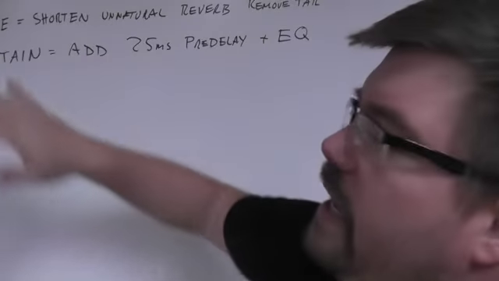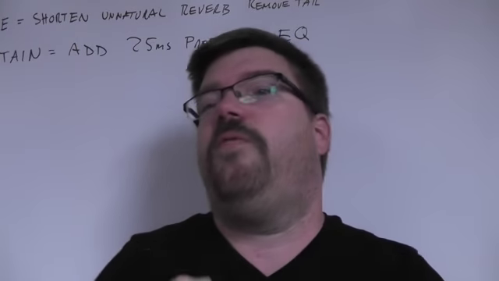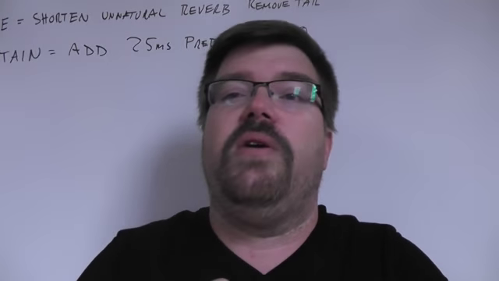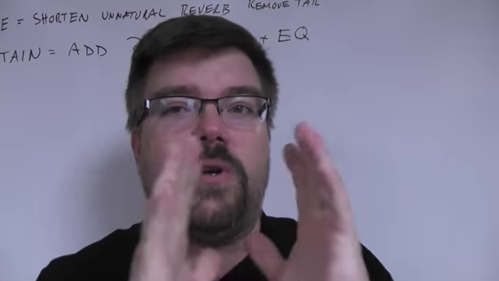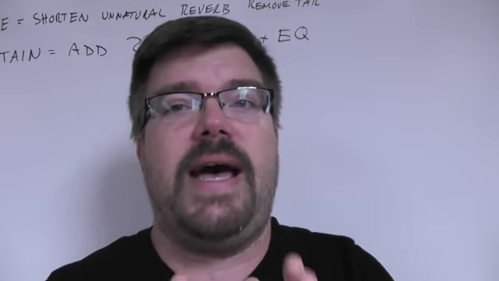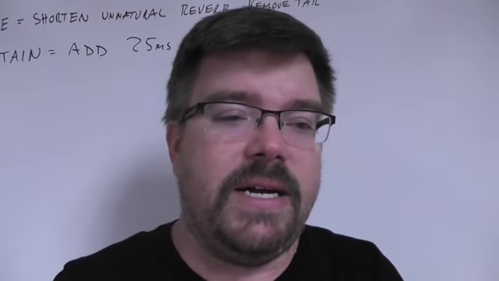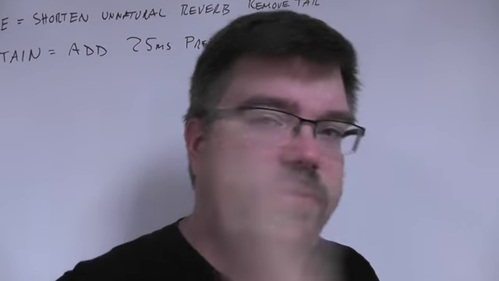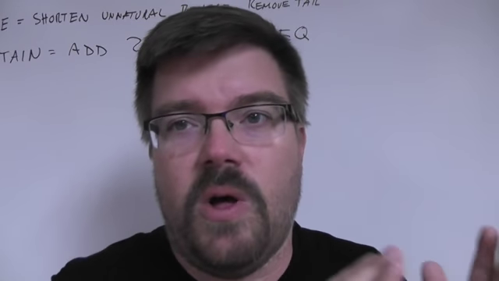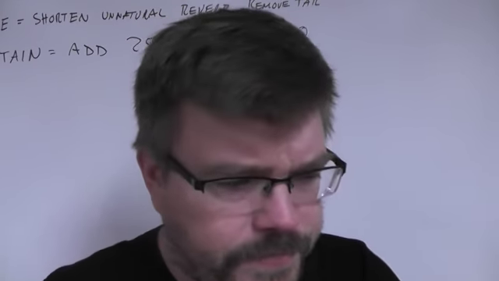Tone. If you're just going to use the reverb for a tone, again, we don't care so much about the reverb tail. We're going to be looking more at those early reflections, the things that happen toward the beginning of the reverb. So take the reverb tail away as much as possible, or just make it really short.